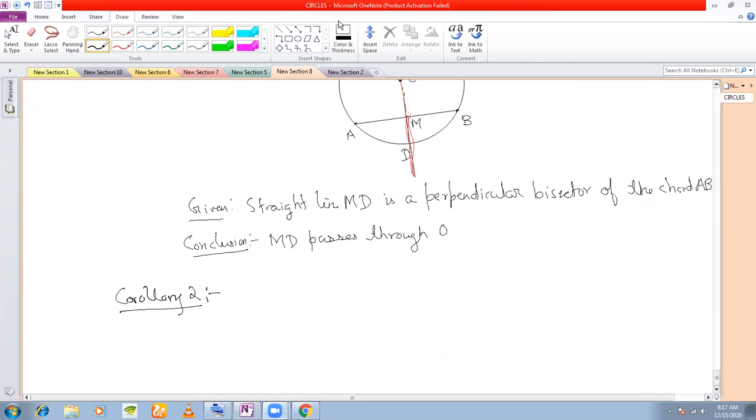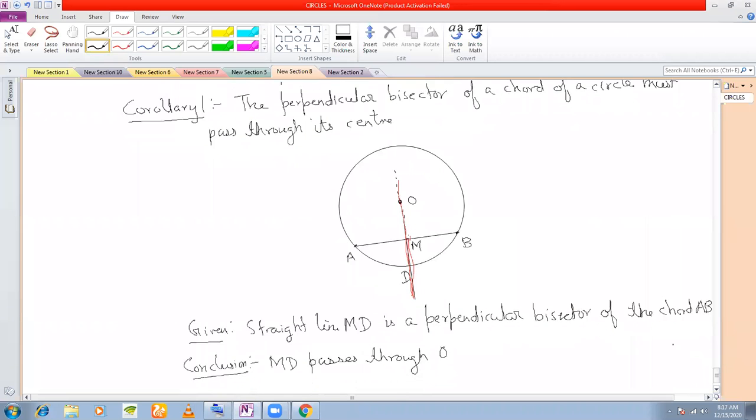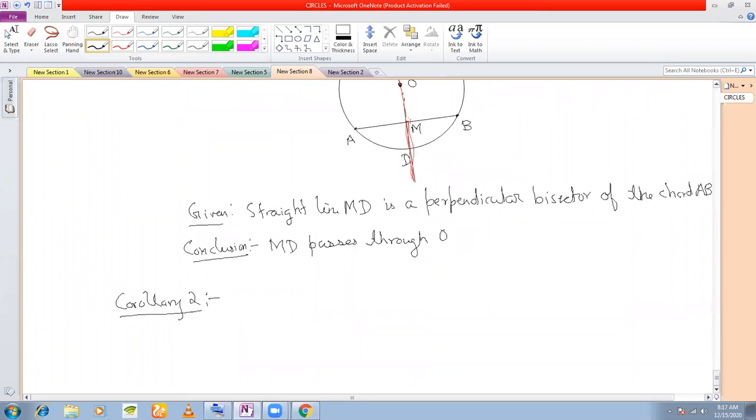Yes, anyone? Abhishek? No one? It must pass through the center of the circle, obviously, because if this perpendicular bisector is passing through the center, then if you have many chords, they will intersect at the center. Let's see how this comes from corollary 2.